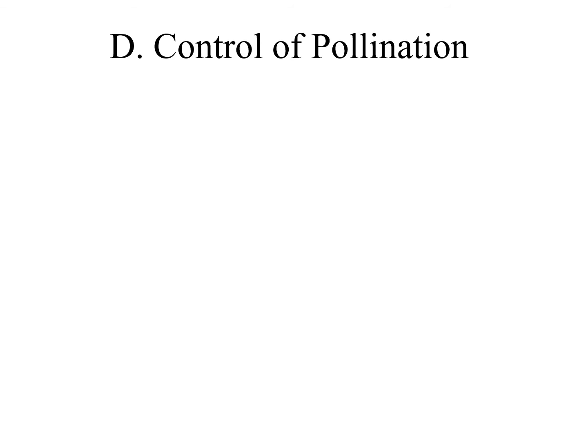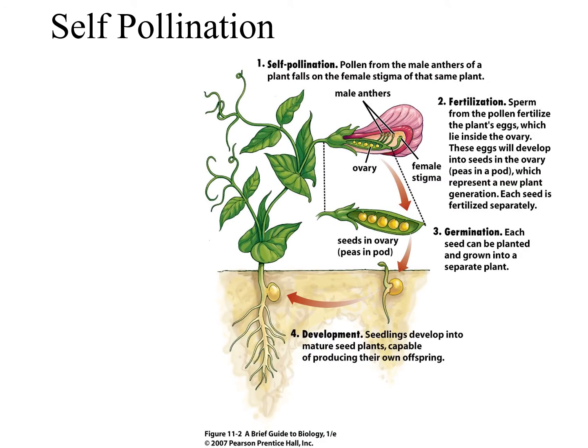Now finally, one of the most important things about peas is you, the researcher, has control over pollination. Pollen is the source of the sperm cells in plants. So when you transfer pollen, you are providing the sperm that will fertilize the eggs in the flower.